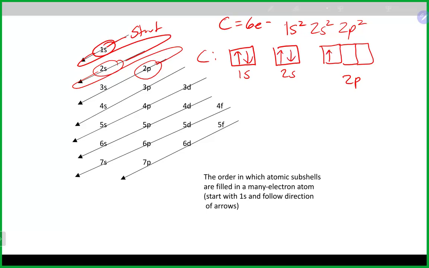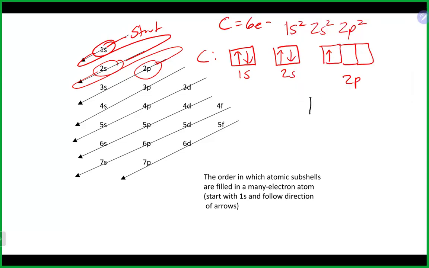Now, where do we put our next electron? Again, the option is we could put our next electron there. Or the other option is we could lay our next electron like so in the next orbital.